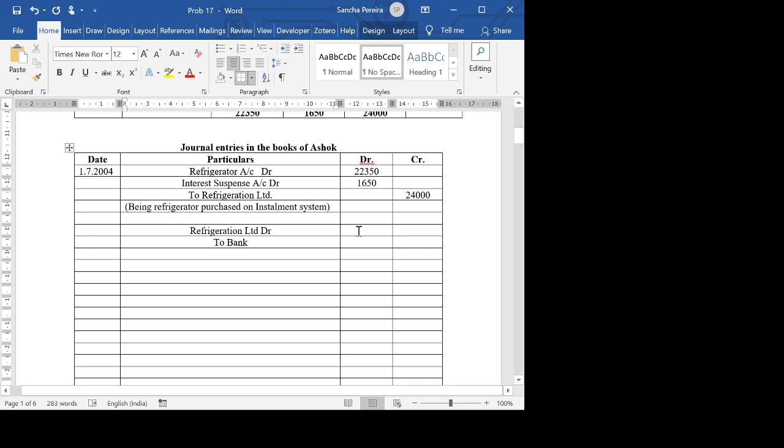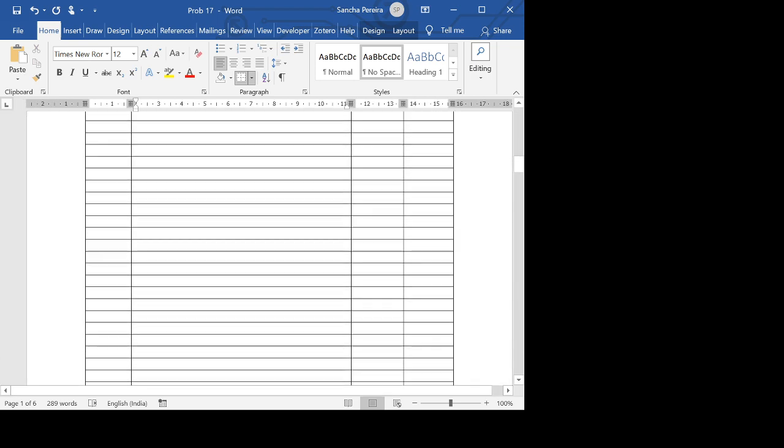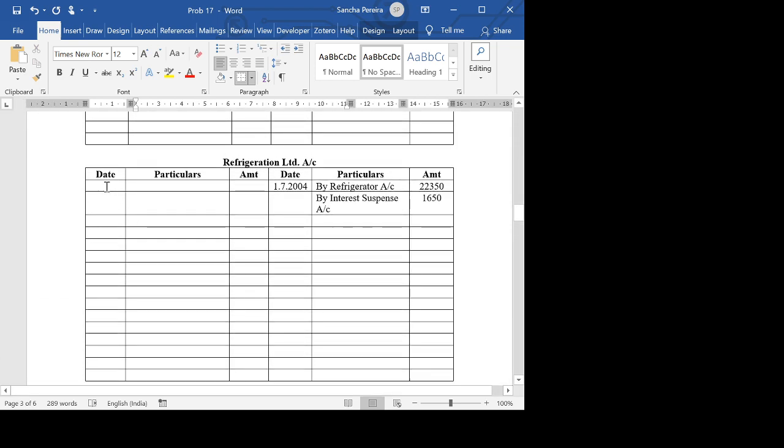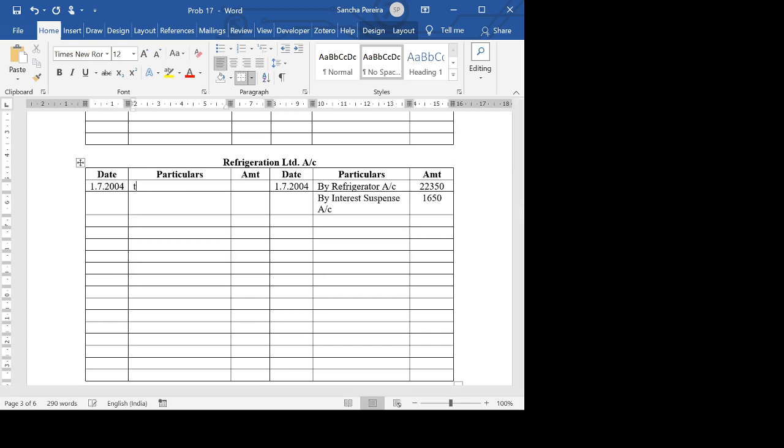How much is the down payment? Down payment is 6,000. So here we'll have being down payment made. This entry doesn't come anywhere else, besides just one account. So in Refrigeration Limited, you will have on the same date, 1st July 2004, to bank 6,000.